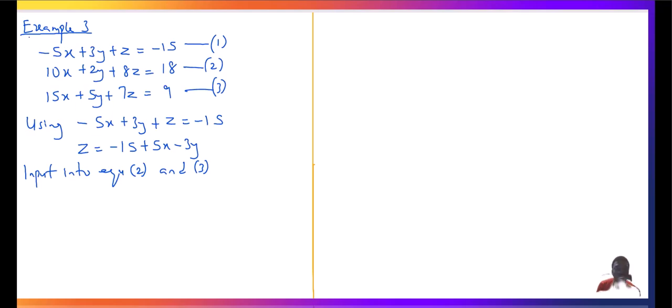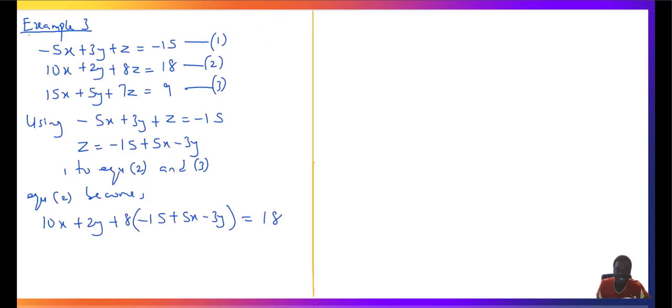So let's input it into equation 2 first. Remember, we are only changing what z is. So equation 2 becomes 10x + 2y + 8 times (-15 + 5x - 3y), so we open the bracket. That gives us 10x + 2y - 120 + 40x - 24y = 18.